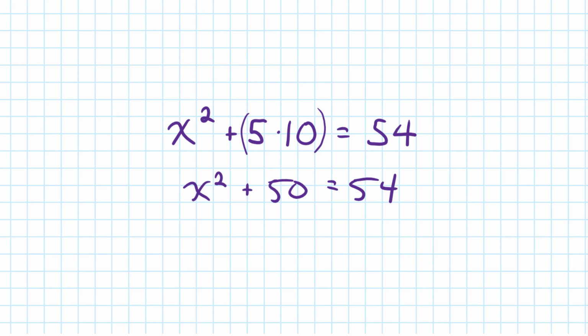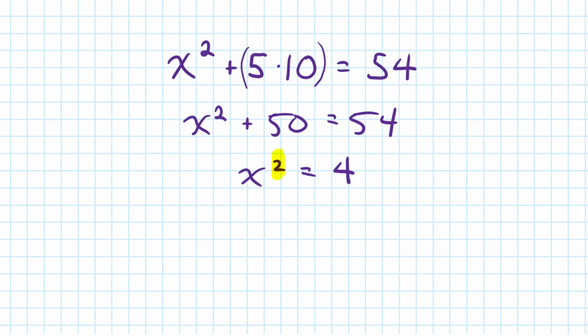So I'll subtract the 50 from both sides. x squared equals 4. To get rid of the squared, I would use the square root. So the square root of x squared will be equal to the square root of 4. So x is equal to 2.